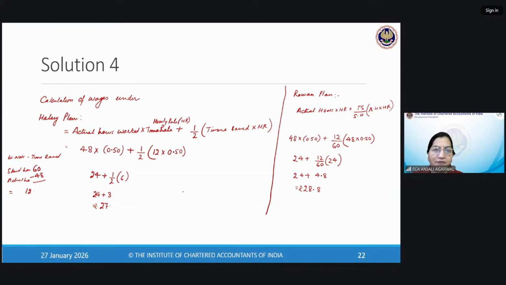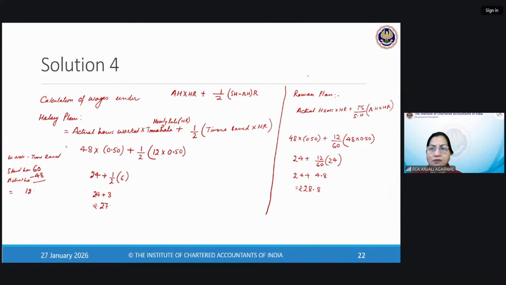But there will be a time when the bonus under Halsey and Rowan plan will be exactly equal. And beyond that, Halsey will give you more bonus. Why? Because the formula here is actual hours into hourly rate plus half of standard hours minus actual hours into rate.